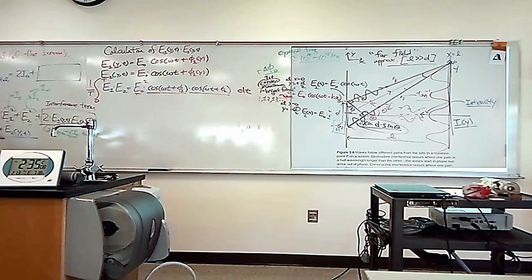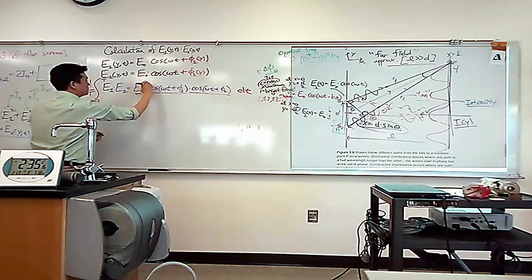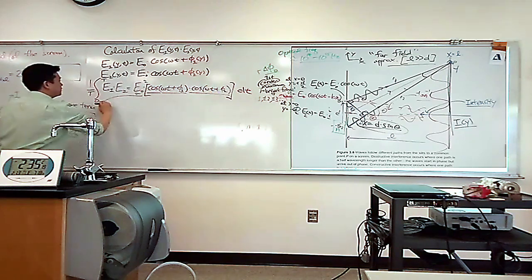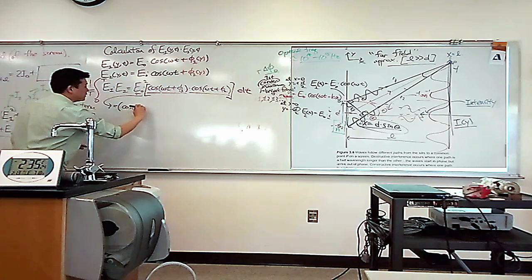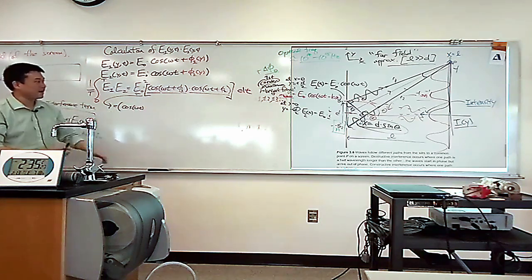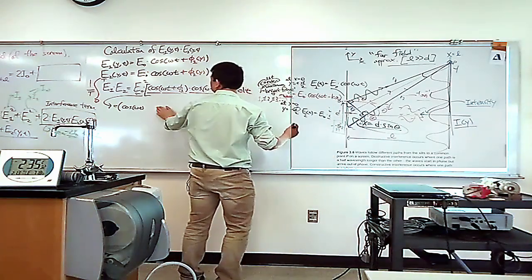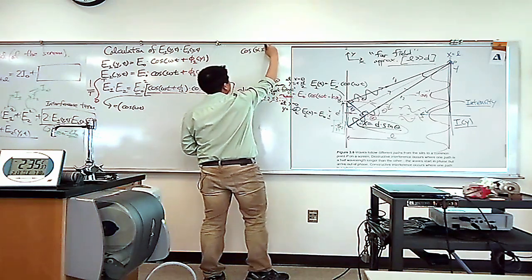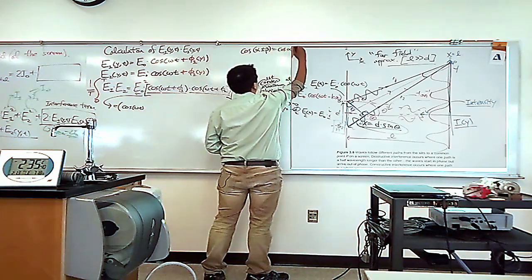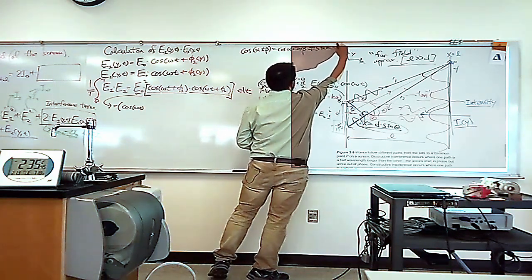Everyone here remembers the angle addition formula by now? Yes? Okay, then I can just write it out. So the angle addition formula, I only need the cosine one. Cosine of alpha plus or minus beta is equal to cosine of alpha cosine of beta, minus or plus sine of alpha sine of beta.